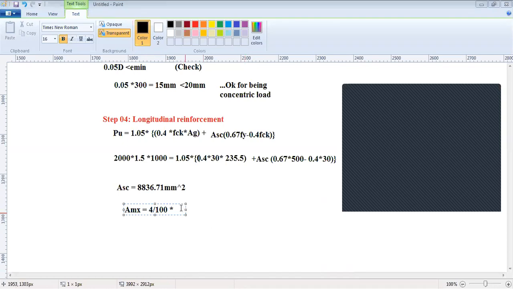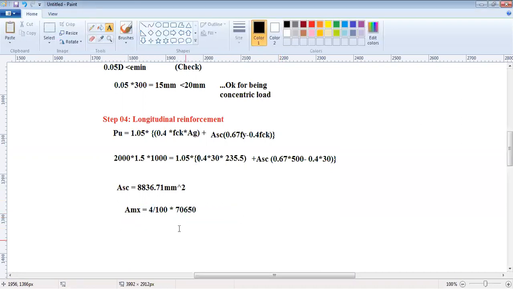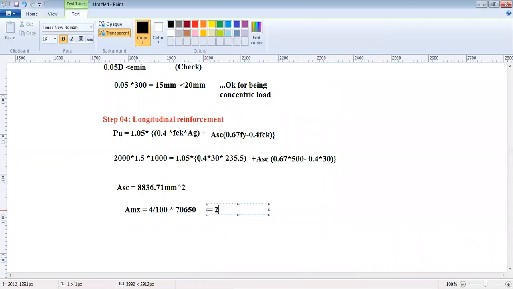That's 706 mm squared, and 4% of it naturally comes to 2826.